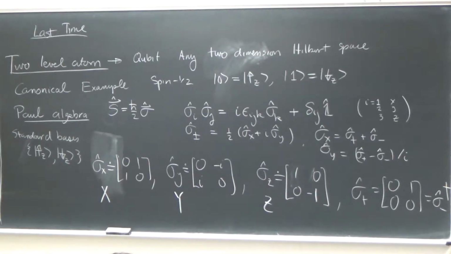Right, so some important properties that we discussed, just to again emphasize them. These, of course, are Hermitian matrices, the Pauli matrices, and their eigenvalues are plus and minus 1 for any of them, X, Y, or Z. They're all similar matrices. They're just rotations of one another, therefore they must have the same spectrum.